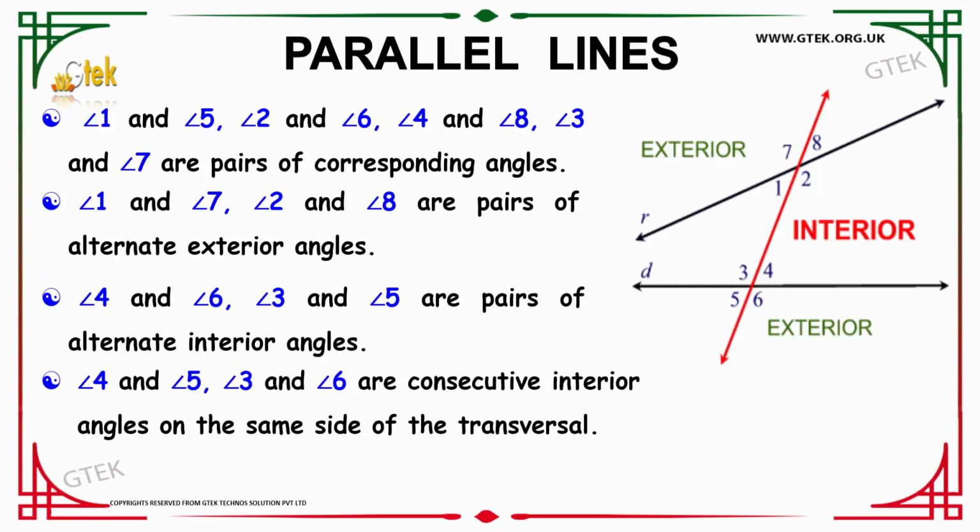In a similar way, angle 4 and angle 6 are a pair, and angle 3 and angle 5 are pairs of alternate interior angles. Apart from this, angle 4 and angle 5 is one such pair. Similarly, angle 3 and angle 6 is one such pair. So these are the consecutive interior angles on the same side of the transversal.